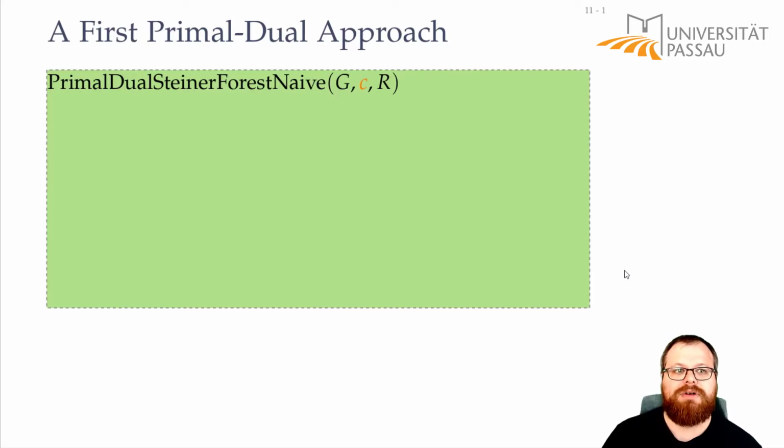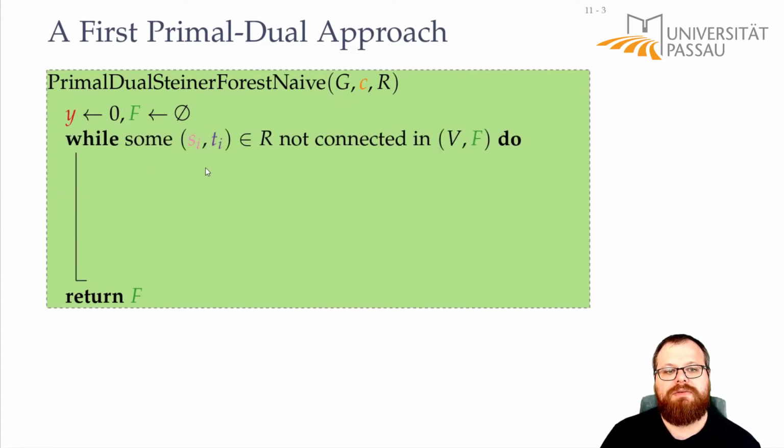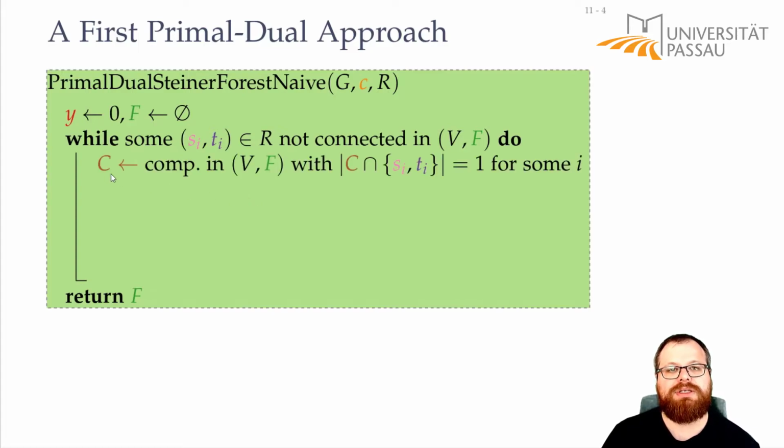Let's have a look at the algorithm. In the beginning our y is 0 and our forest is empty. And then we check for all pairs of terminals if they are connected in the graph that's spanned by the edges in F. Clearly in the beginning they are not connected because we don't have any edge, so we just pick any component in this graph that contains only one of a pair of terminals.